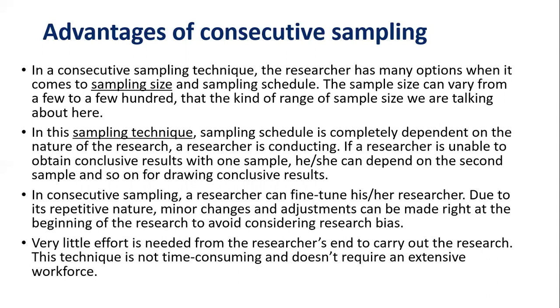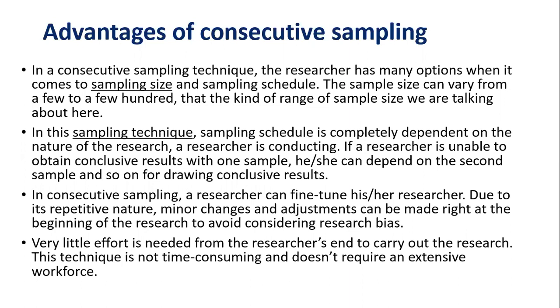That is the advantage side of consecutive sampling. In consecutive sampling, the researcher can fine-tune his or her research due to its representative nature. Minor changes and adjustments can be made right at the beginning of the research itself to avoid research bias. Then they can join up with probability sampling.